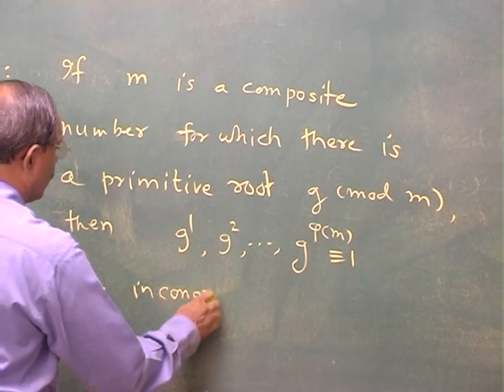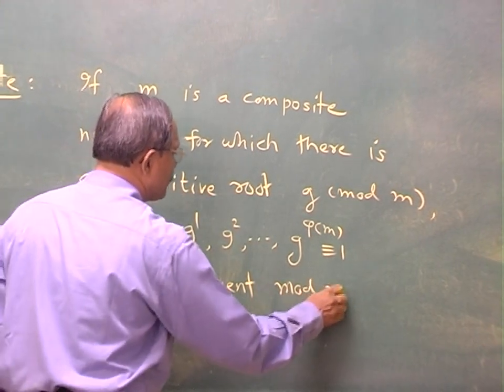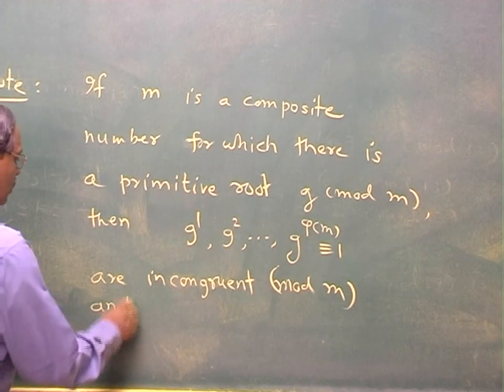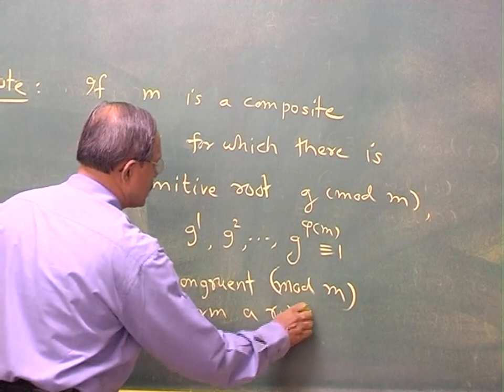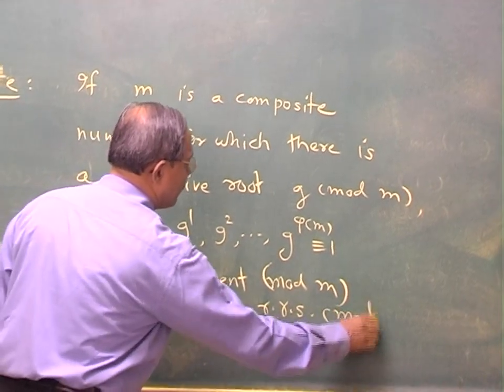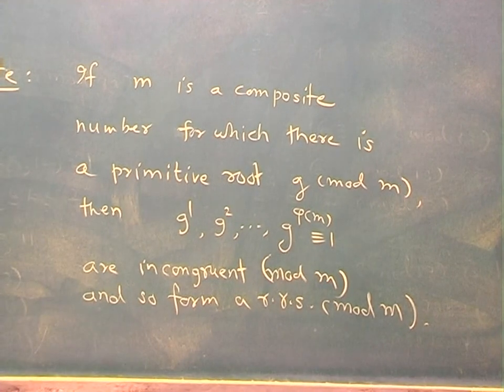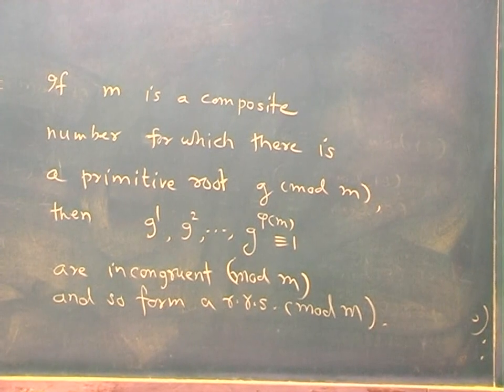incongruent mod m, and so form a reduced residue system mod m. As we have seen for a prime p, same thing happens, same proof. All of them are distinct or incongruent mod m.